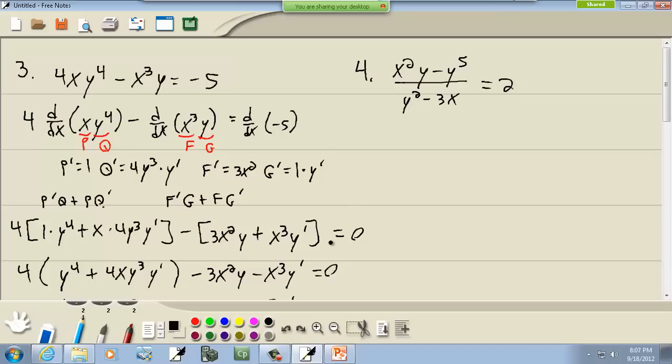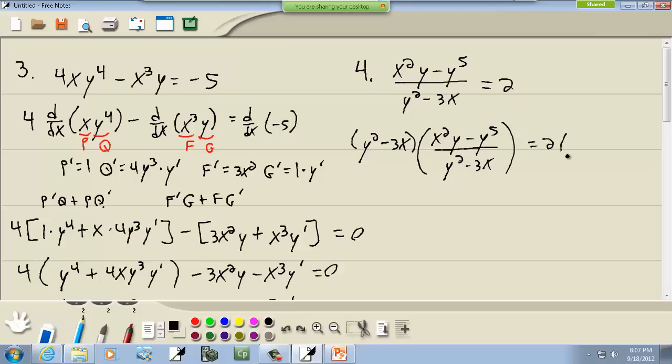Okay, I could use the quotient rule on the left side, but there's an easier way. I can multiply both sides by y squared minus 3x. What this will do is it'll get rid of the fraction. So if you can use some algebra to simplify it, go ahead and do that.